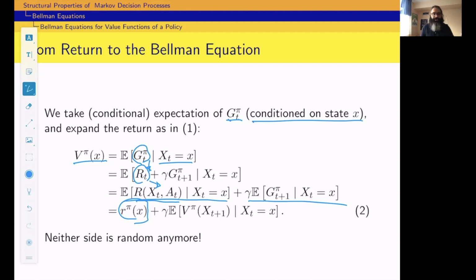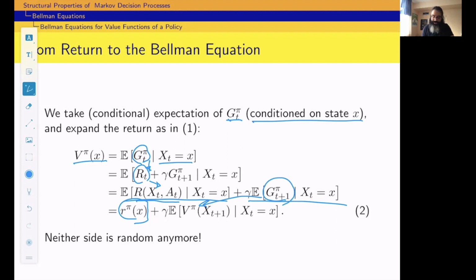The other term is the conditional expectation of return at time t plus 1. And remember the relation of return and value function. Value function was essentially the conditional expectation of return. So we just write it like this.